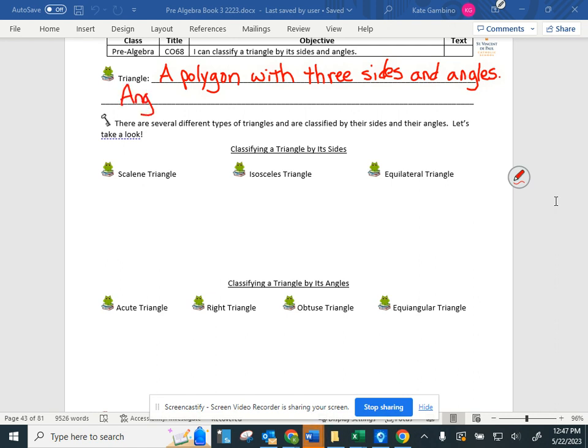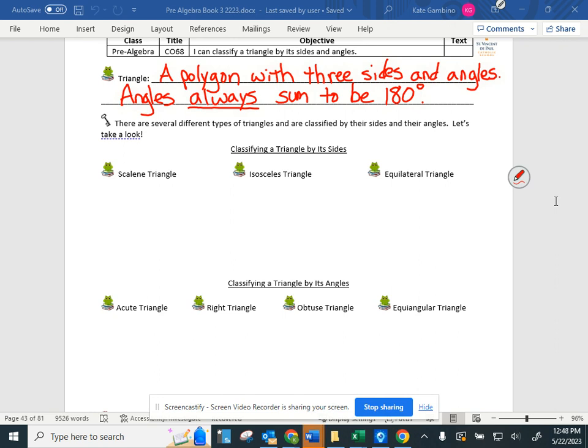Angles always sum or add up to be what? 180 degrees. So that is important to write on there so you do not forget. Triangles always add to be 180 degrees. It will make your life much simpler as we're doing our work today.